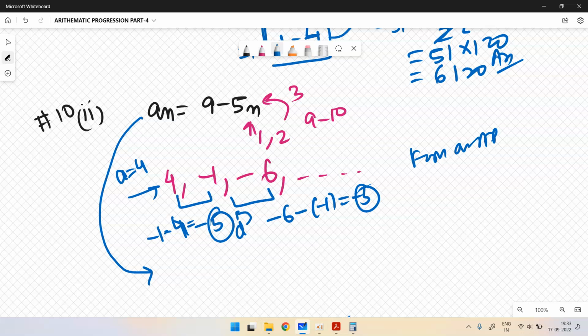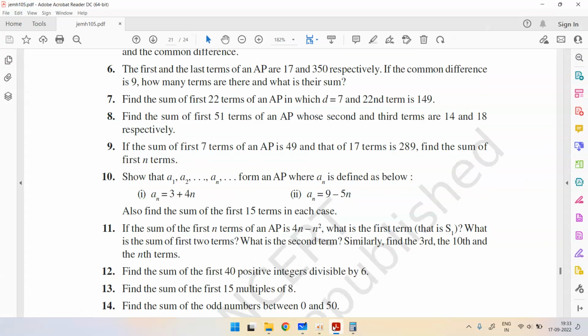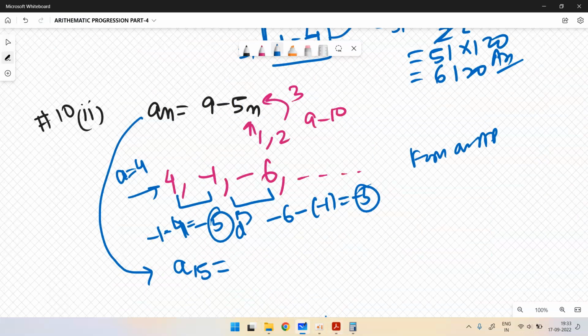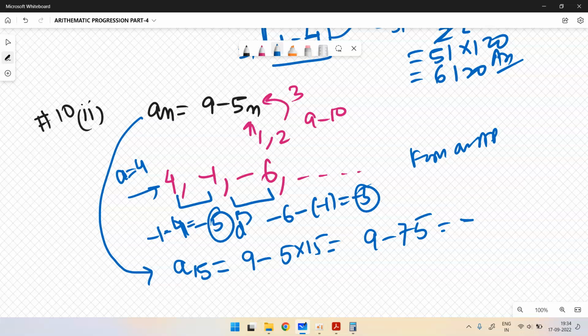It will be easy if you find the nth term from this. So this will be a of 15, which is nothing but 9 minus 5 into 15. This is 9 minus 75, so this is nothing but minus 66, which is my A15.